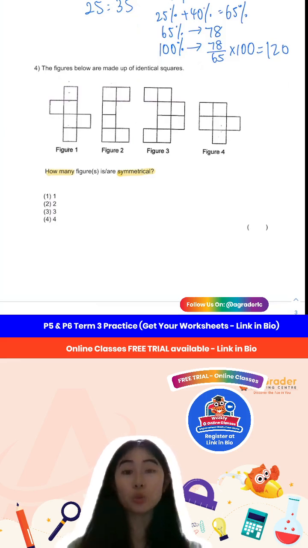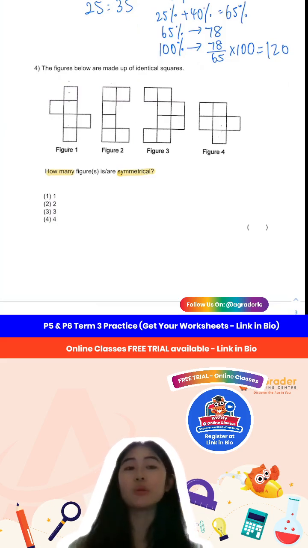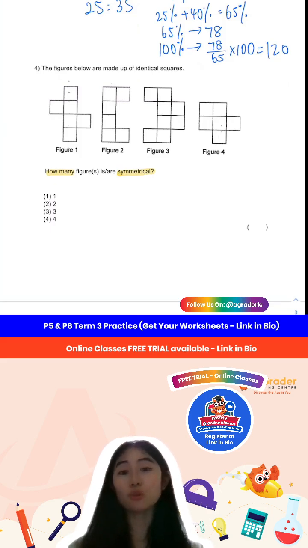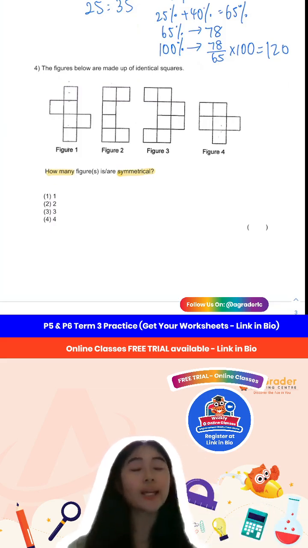This one, you should try to draw the line of symmetry in the figure. So if the figure has a line of symmetry, it will mean that they are symmetrical. Is diagonal symmetry counted? Yeah, of course it is. So your line of symmetry doesn't have to be like up to down or left to right. It can be diagonal. It is counted.